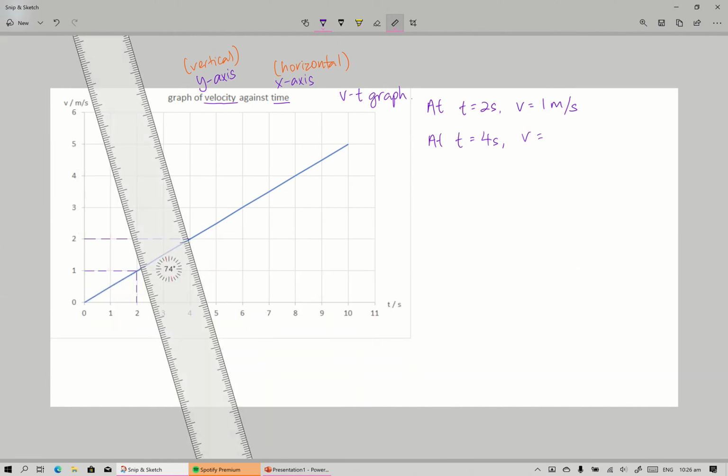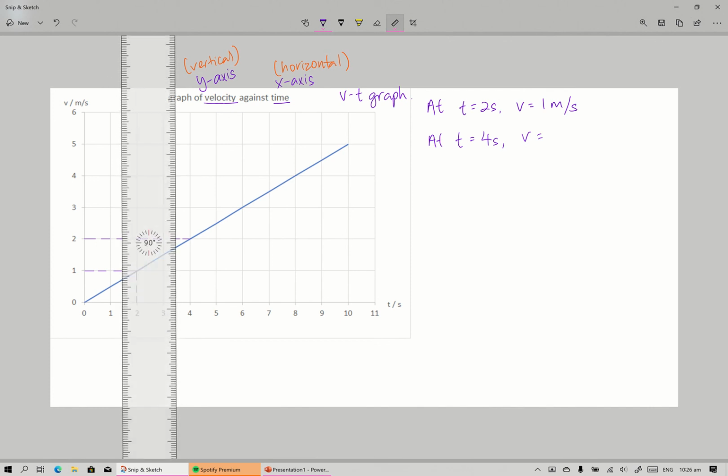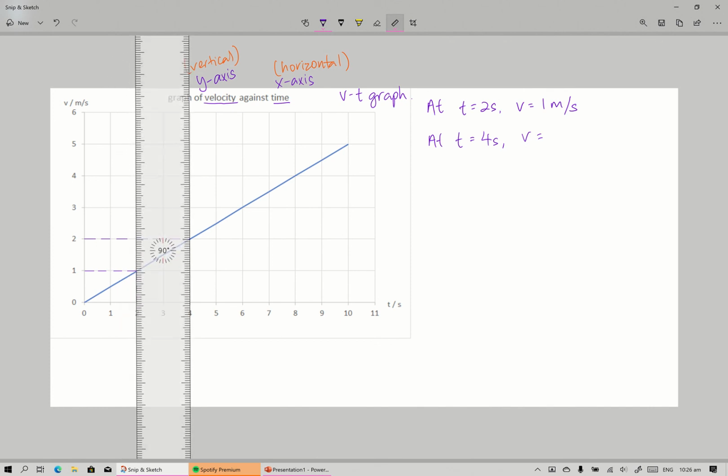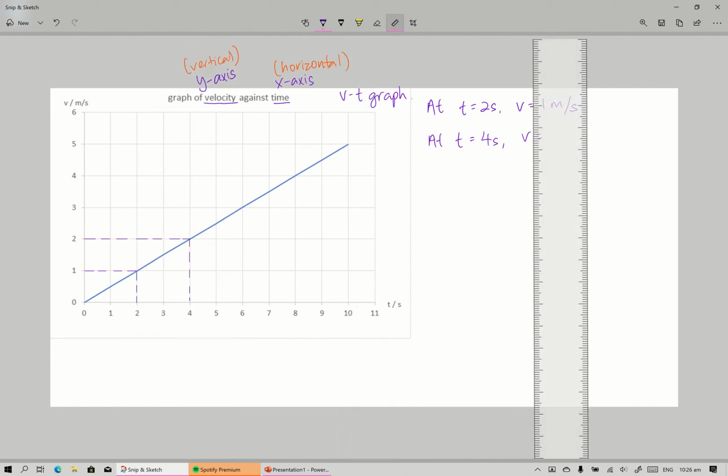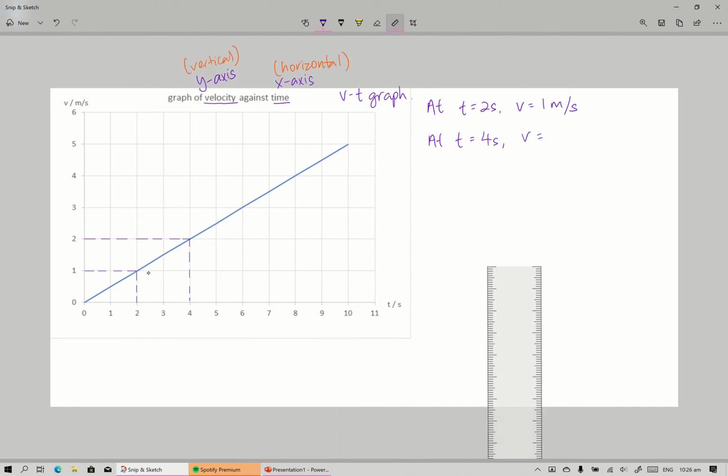So at time equals 4 seconds, my velocity will be 2 meters per second. So that's how you read off the graph. We'll delve more into that later on.